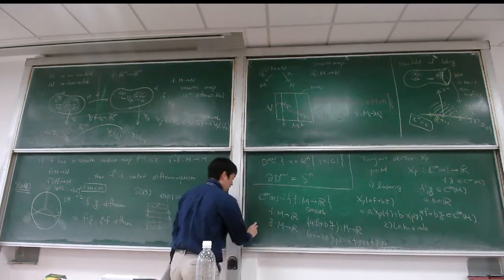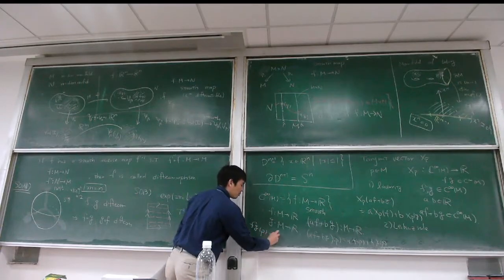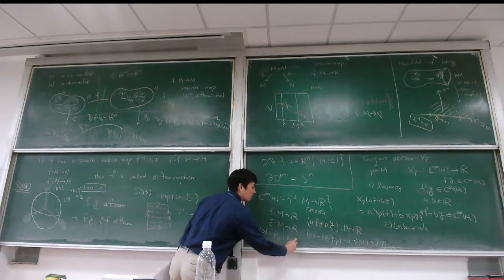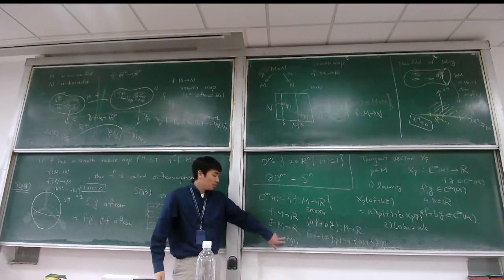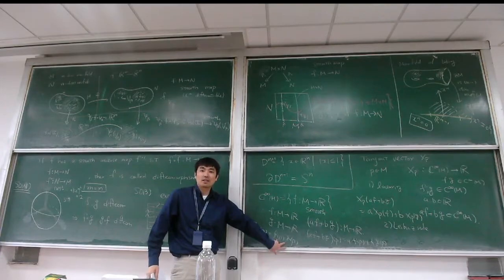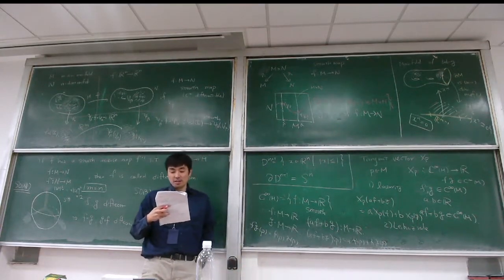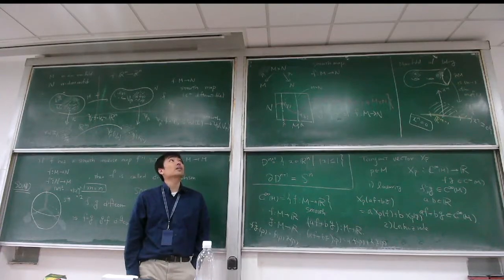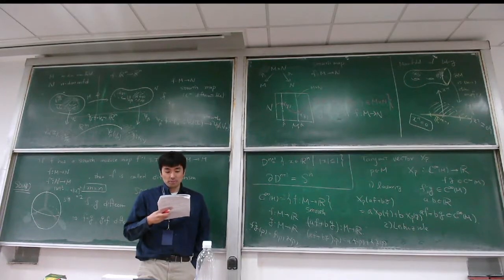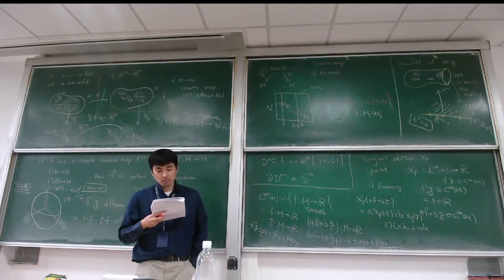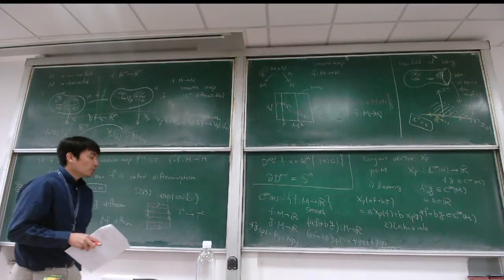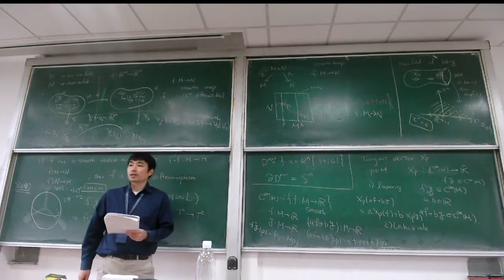So f times g at P is of course f(P) times g(P). Here I use multiplication of R. Maybe wrong, let me think. Is it composition or not? It should be multiplication. Yeah, what I have written is correct.